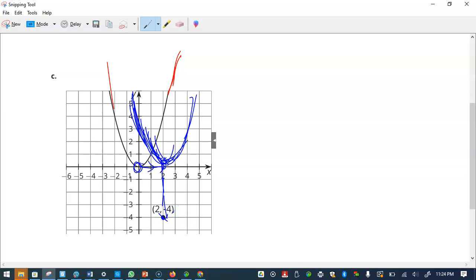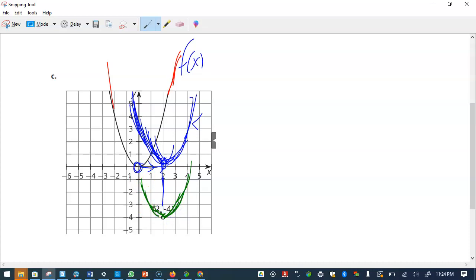See this part? So if this is the original function, the new one has to go through, let's see, this one has to go like this. So the green one is the final outcome.